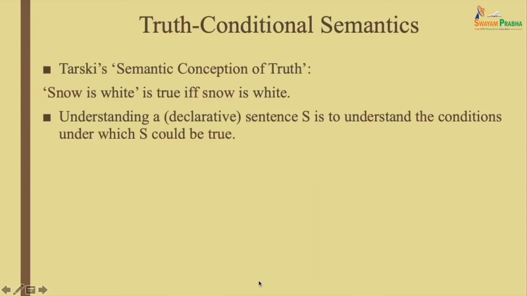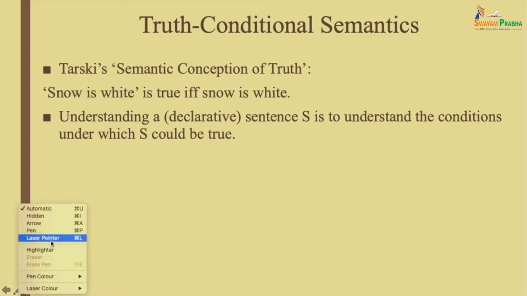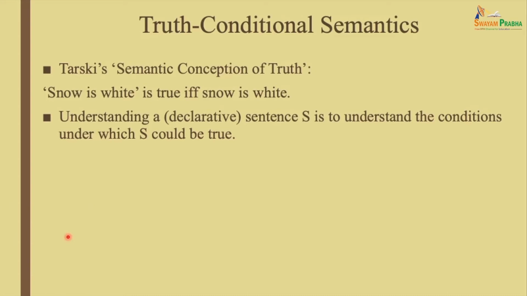What is formal Montague semantics? It is truth conditional. So these principles are very, very foundational to the whole framework. One is Tarski's semantic conception of truth. The principle, schematically presented, is something like this.